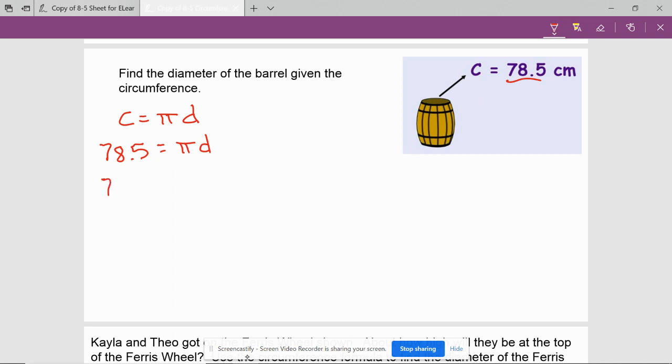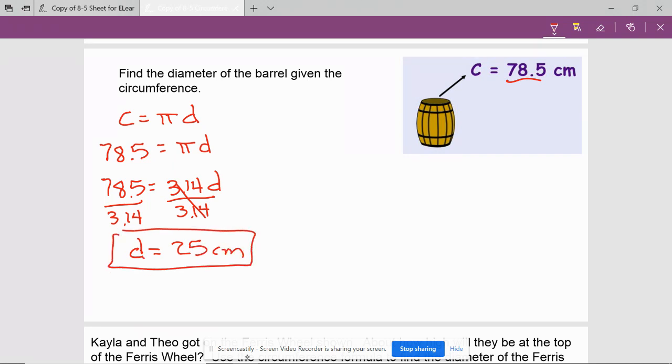So we want 78.5 equals 3.14 d. That's our one-step equation. We want to get d by itself, so we have to divide by 3.14, right? So they cancel out. So our diameter is equal to 25 centimeters. Okay, so there's your answer. Remember centimeters. Hopefully that makes sense a little bit.